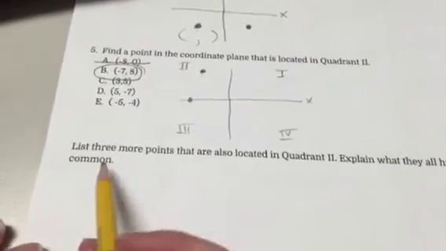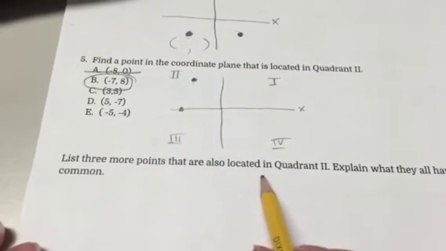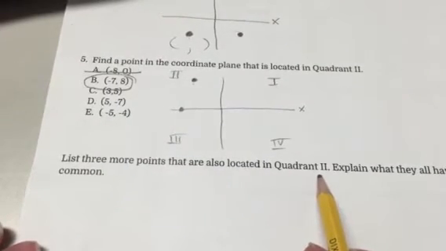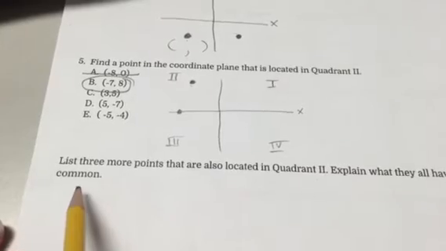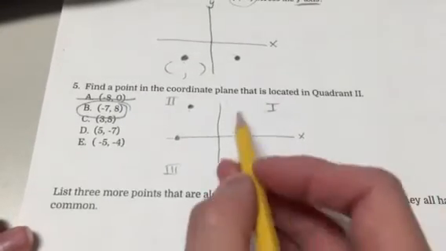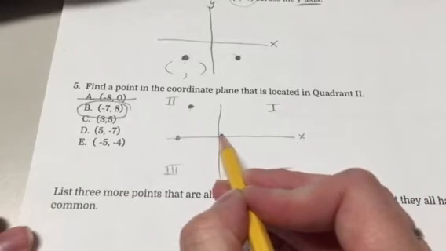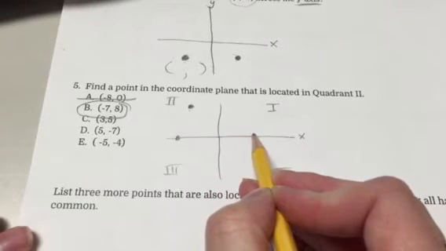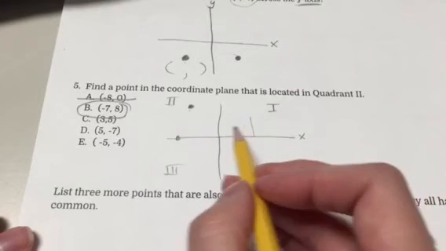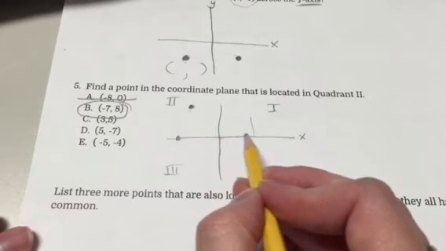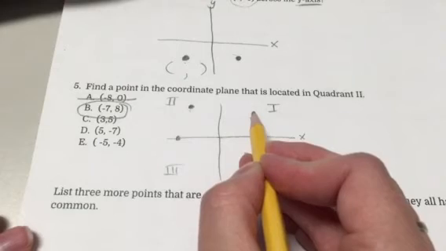The next part says to list 3 more points that are also located in quadrant 2 and explain what they all have in common. So we talked about if you're in quadrant 1, you would have a positive x value and a positive y value, because it would be something like positive 5, positive 3.